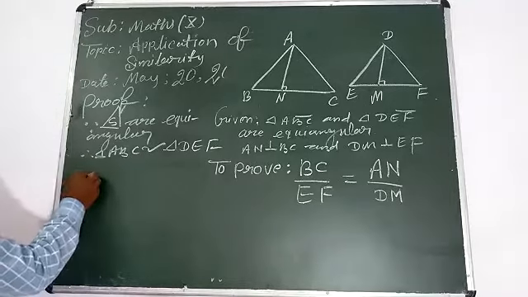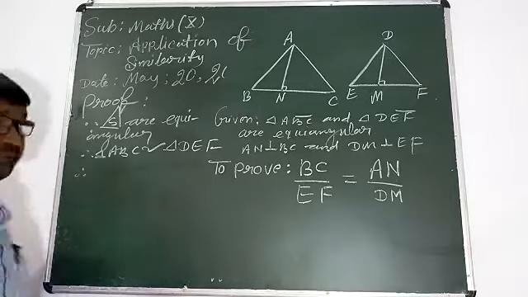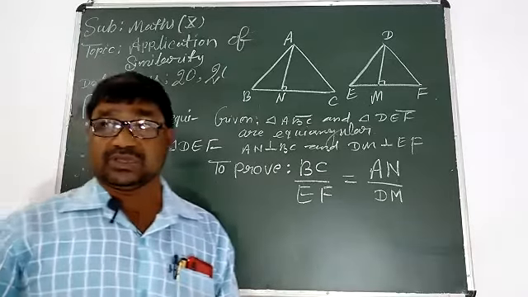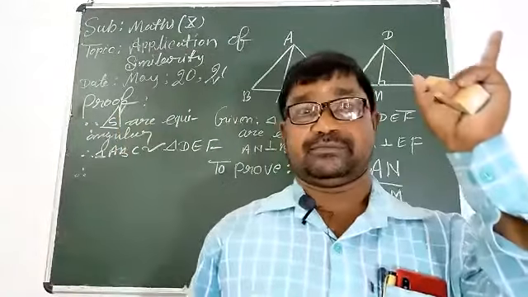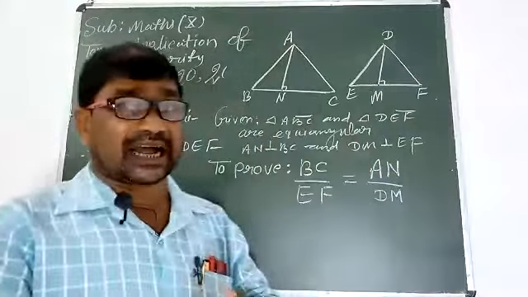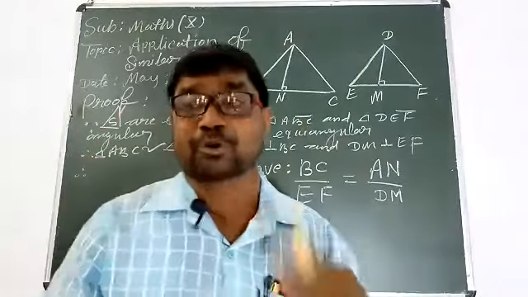So if triangles are similar, then their corresponding sides are proportional. If triangles are similar, then their corresponding sides are proportional.